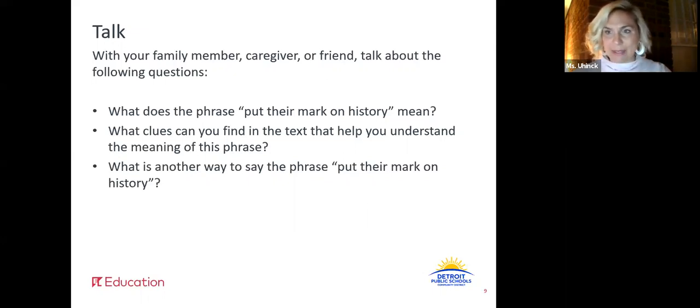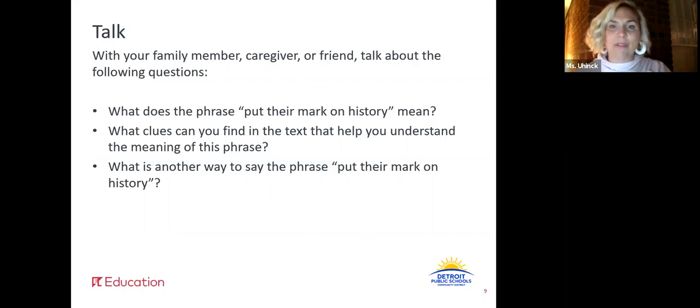I thought about what's happening in that section and then thought about what that phrase could mean. So it could even say it was not just a few leaders such as Martin Luther King who made an impact on history. That would make sense too. So put a mark on history must mean something about making a difference that lives on in history.